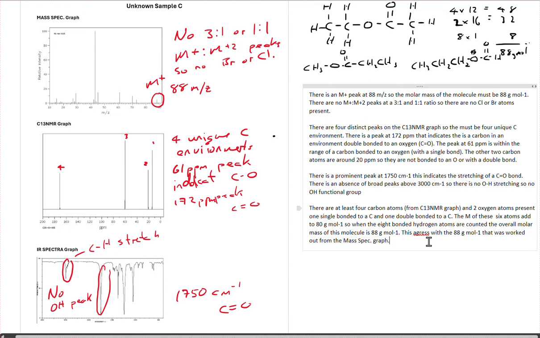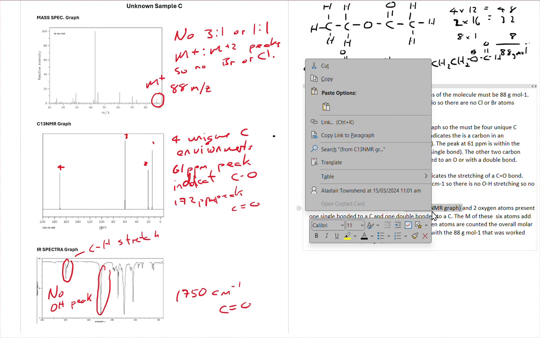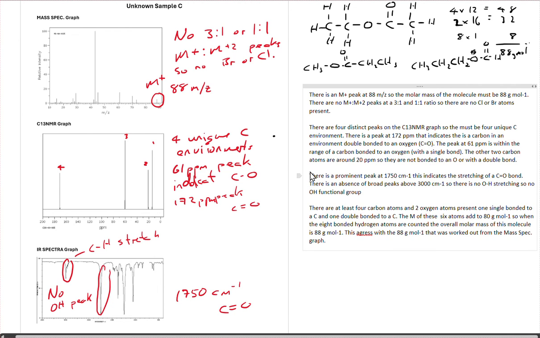Okay, so let's have a look. There are at least 4 carbons and 2 oxygens. I'm going to cut this out and put this at the end. Actually, I'm not going to put it at the end, I'm going to put it at the start.